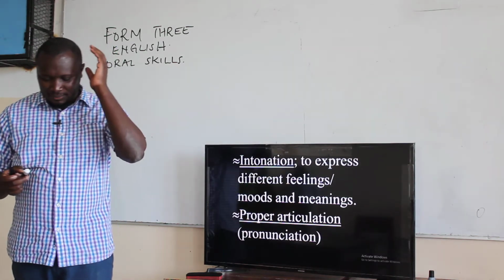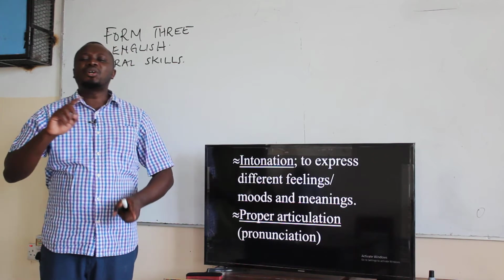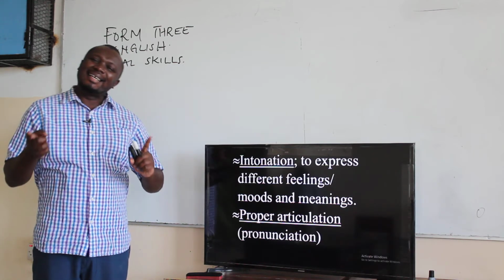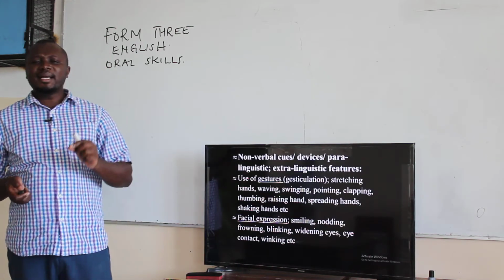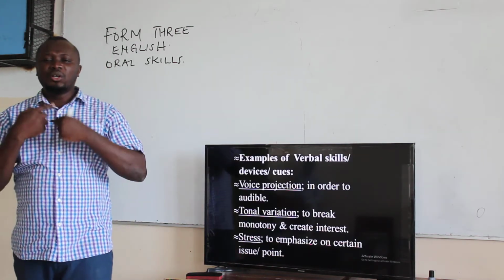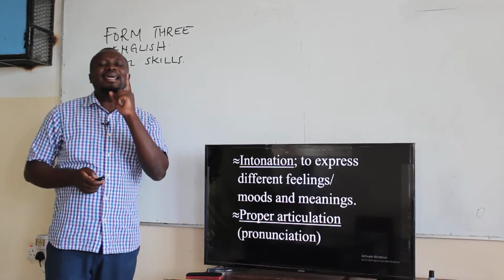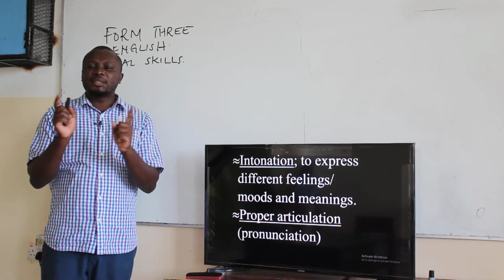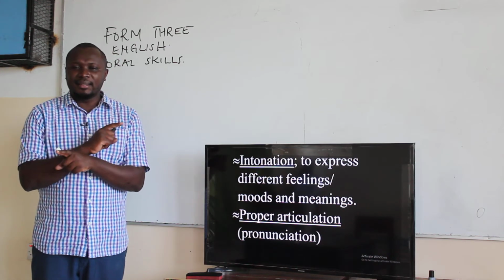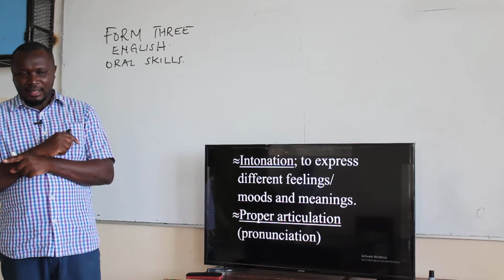Intonation. Now, most students have a problem differentiating between tonal variation and intonation. Tonal variation is basically varying the tone of your voice to break monotony and create interest. Intonation, on the other hand, is used to express different feelings, different moods, different meanings.